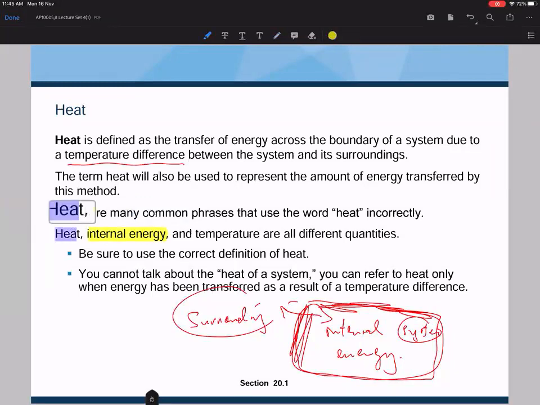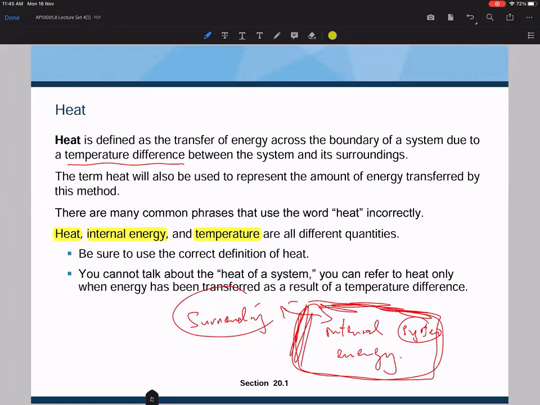In the case of physics, the two terms are different. And actually, people in daily life would also mix up another term, temperature. So let us make it straight in the physical sense. You have the system and the surrounding.